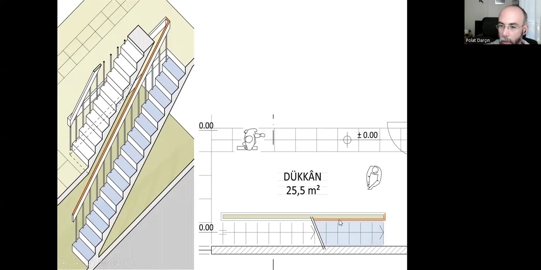So next to these blue steps, I will be seeing the upper surface of the orange handrail. Once it's on the 0, 0 level here, that's the 0, 0 level, it turns 90 degree and then one more time to protect the users to fall down from 0, 0 to the upper surface of these blue lines.